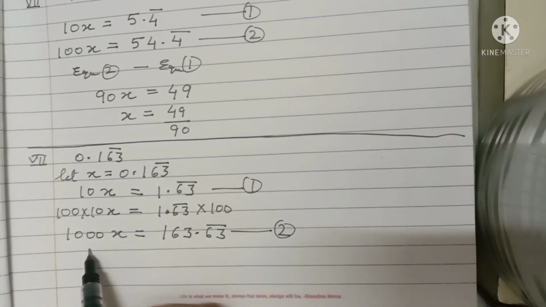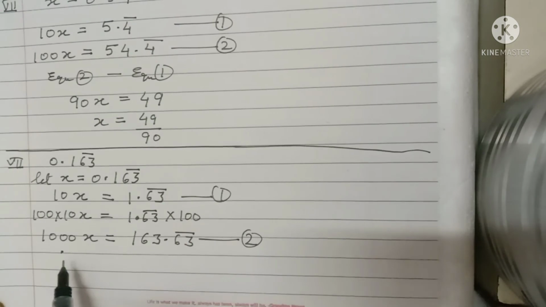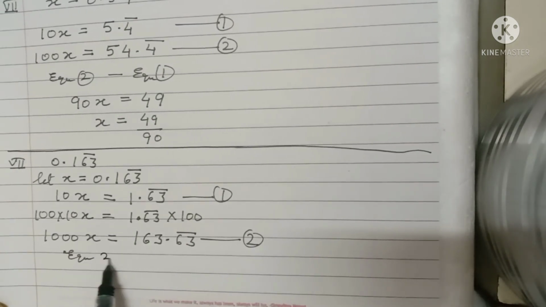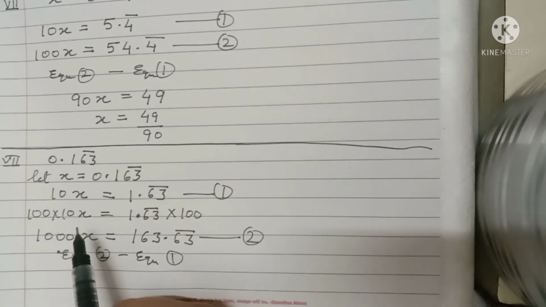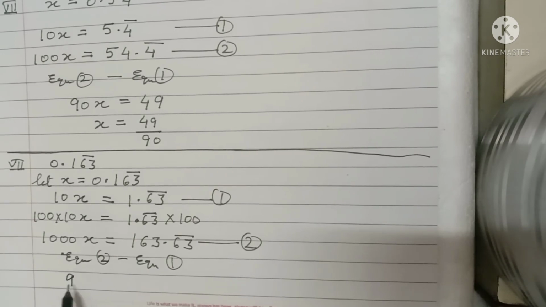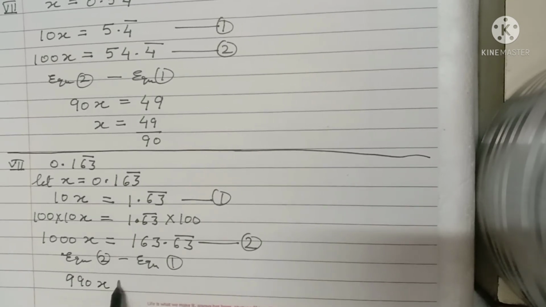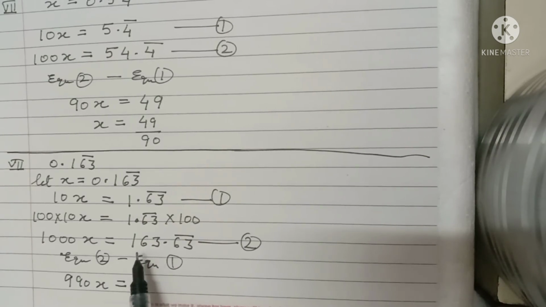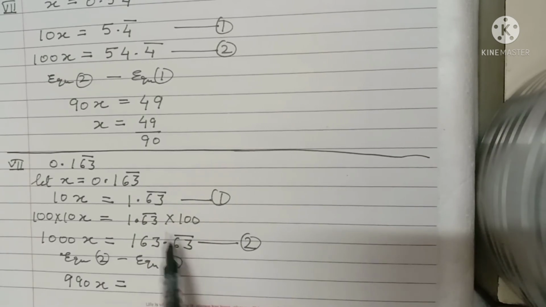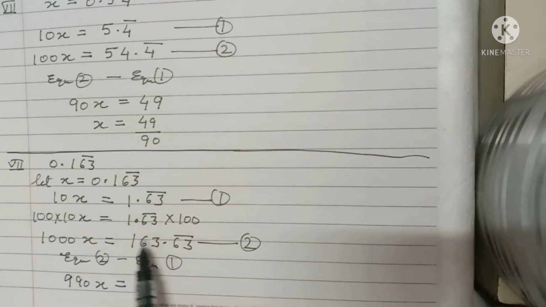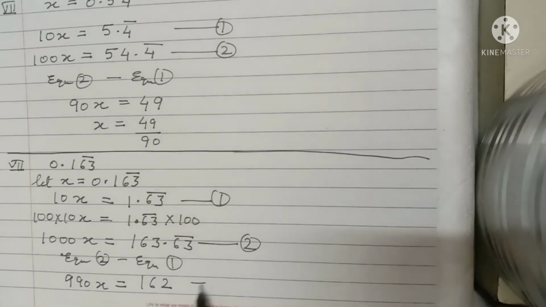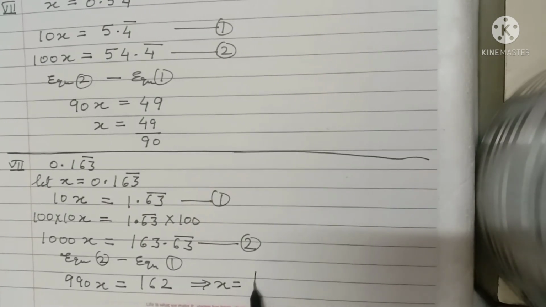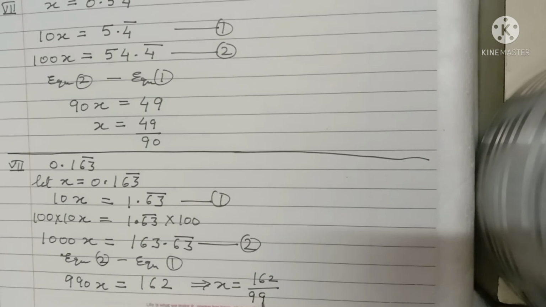Equation second minus equation first. 1000 minus 10, you will get 990x is equal to 163.63 bar minus 1.63 bar. 63 bar will be cancelled, and 163 minus 1 is equal to 162. So it implies x is equal to 162 upon 990.